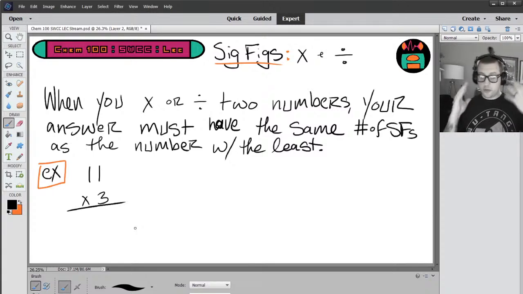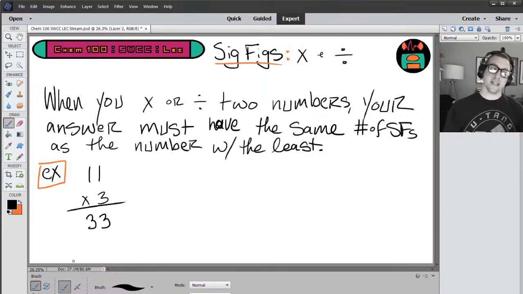When you punch this into your calculator or do it in your head, we all know what 11 times 3 is: 33. But as we mentioned last week in lecture, every correct answer in this class has 3 components: the value, the units, and the sig figs. Now 33 is the correct value, but we need to determine how many significant figures this answer should have.